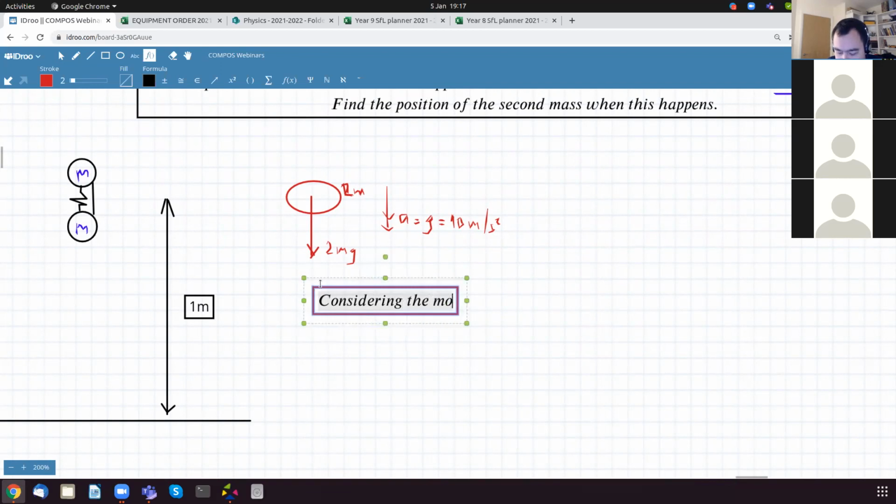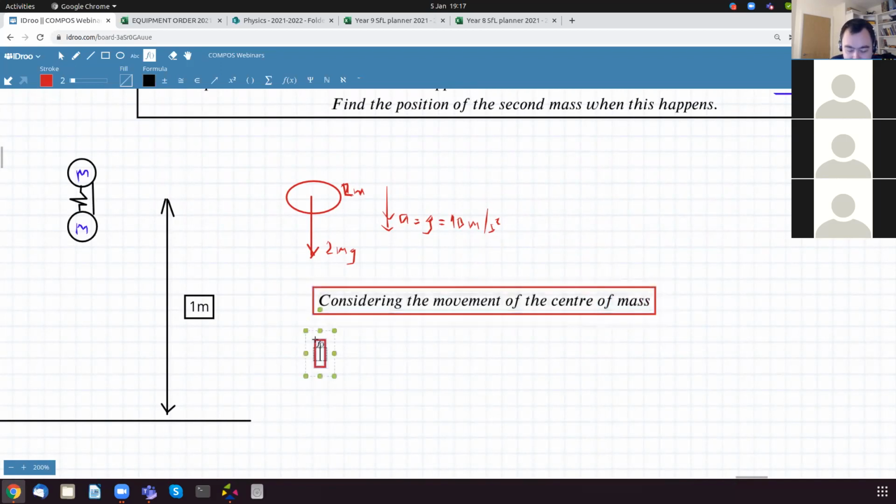Considering the movement of the center of mass, we can use a SUVAT. S, we know that is 1 meter. Well, actually, no, it's not 1 meter, sorry. U, the initial velocity, is 0. The center of mass, we are releasing it. What happens inside the system doesn't really matter. We're not considering internal forces, only external forces.